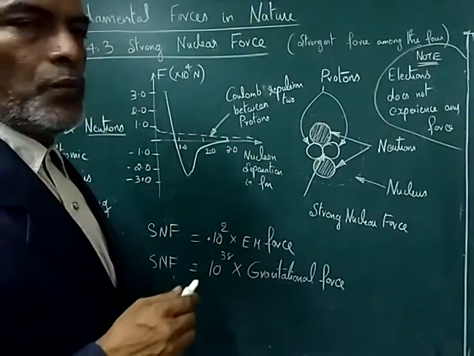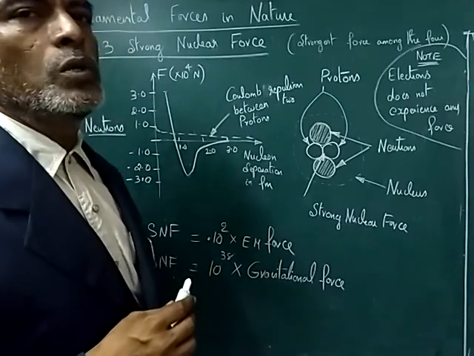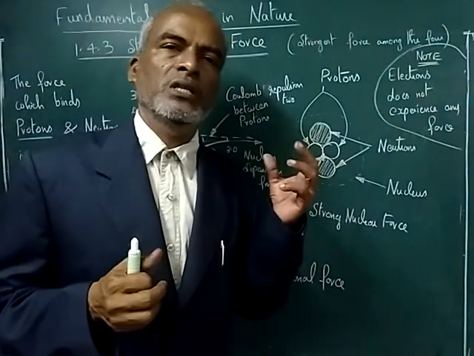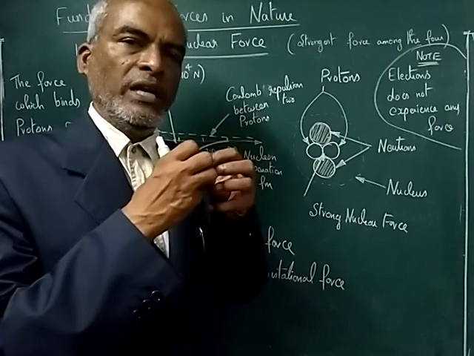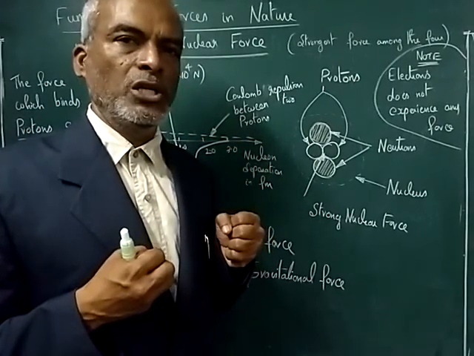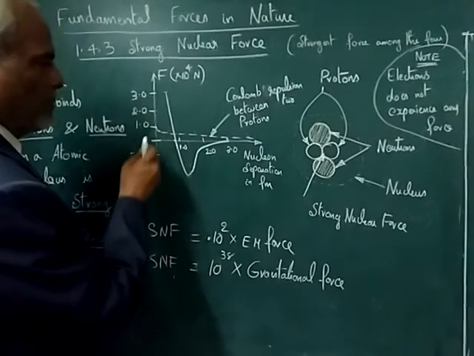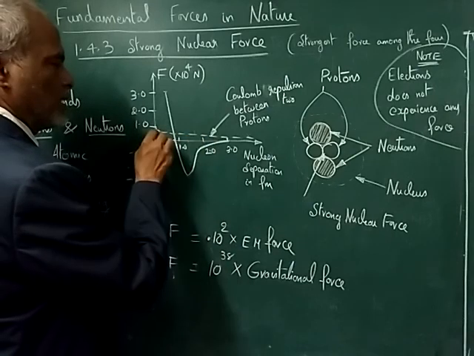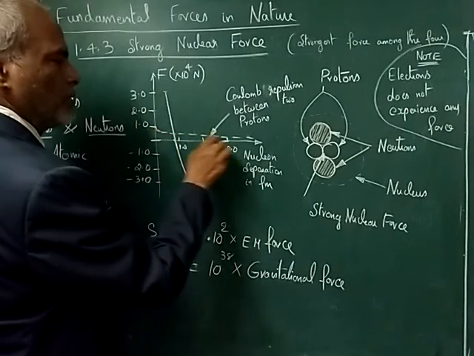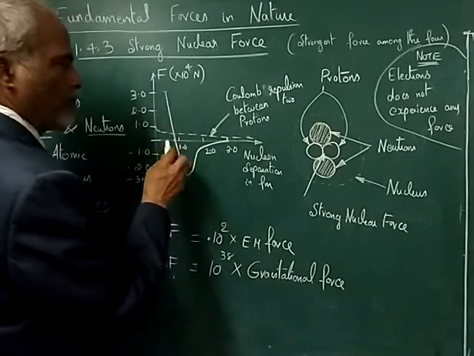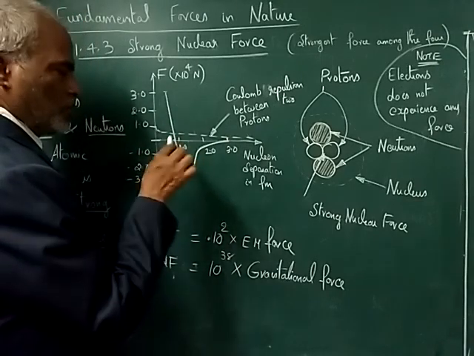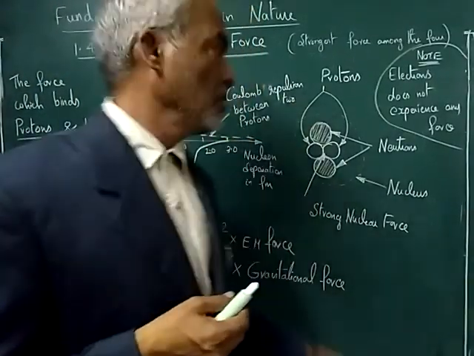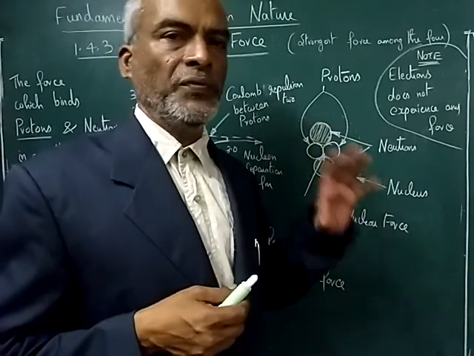Now we compare it with the Coulomb repulsion force between two protons, because protons are positively charged and naturally tend to repel within the nucleus. But on the graph, that value is less than this, about 1 into 10 power 4 Newton. That means the strong nuclear force is several times higher than the Coulomb repulsive force.